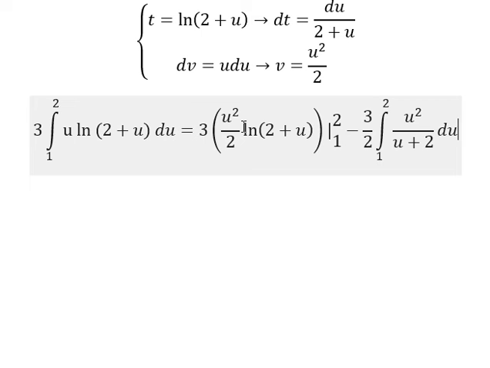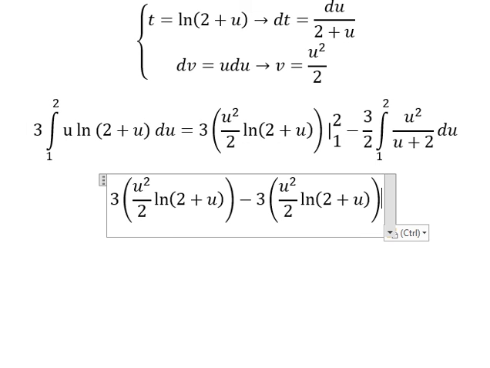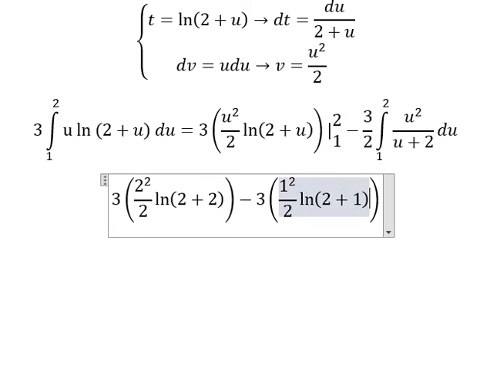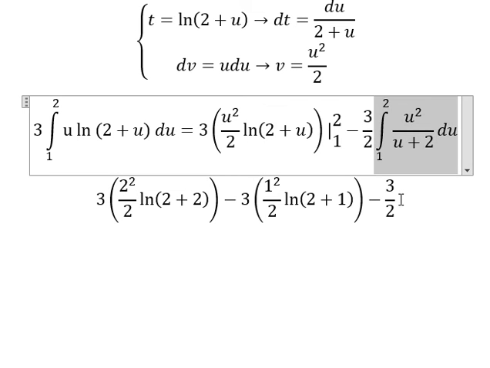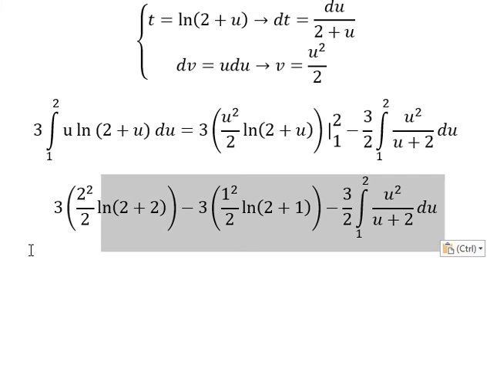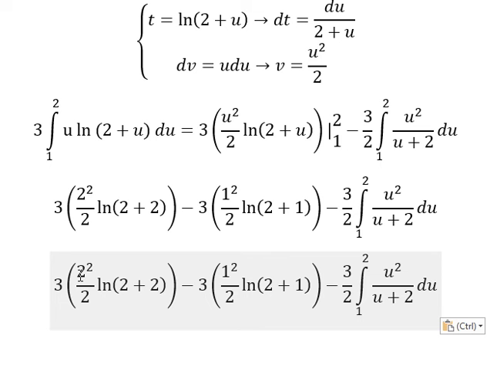Now we put number 2 and number 1 going here. So 2 squared, you got 4. 4 divided by 2, you got 2.